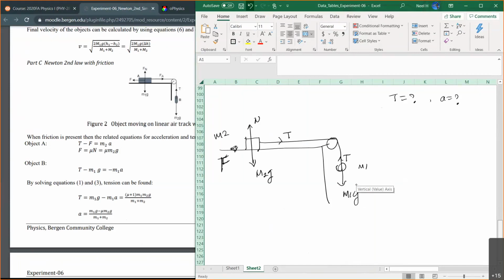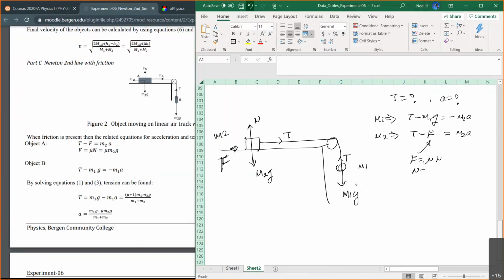You can just write it down, F equals ma. For m1, on the y-axis, T minus m1g equals negative m1a. For object number 2, horizontally, T minus friction force equals M2A. Whenever you see friction force, you should know that friction force is always equal to mu times the normal force.